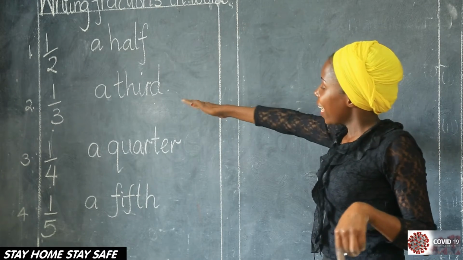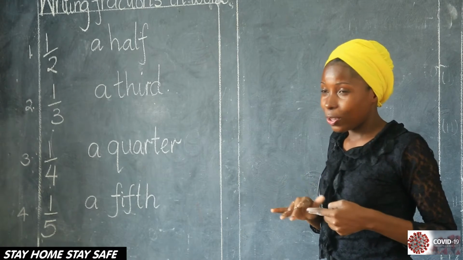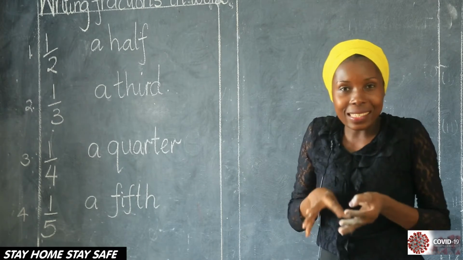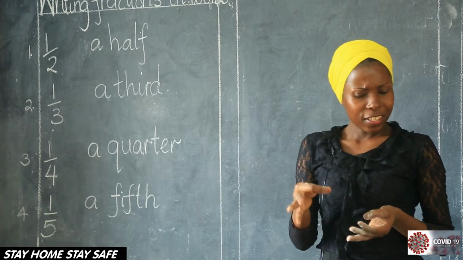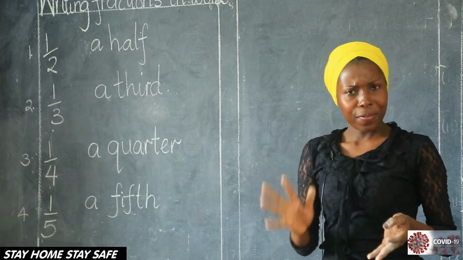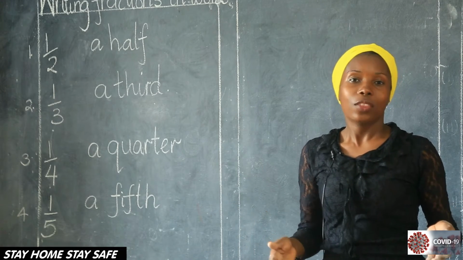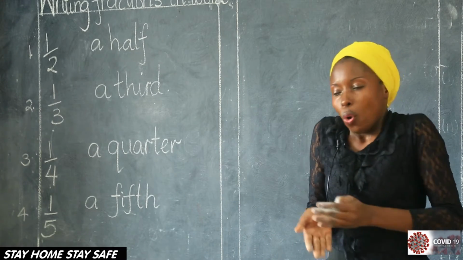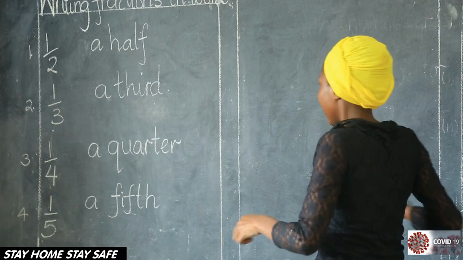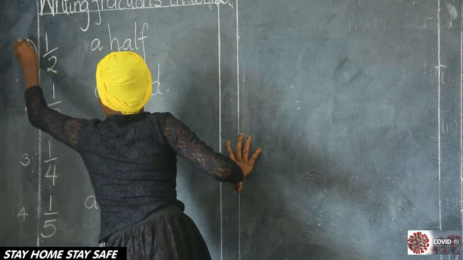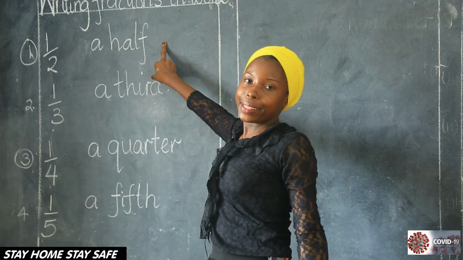And then the number down, we say the number down as its ordinal name. Remember ordinal names? Remember ordinals? First, second, third, fourth, fifth, sixth, seventh, eighth, ninth, 10th. Those are the ordinal numbers. So we say the number as its ordinal name apart from a half and a quarter, because we can't say a second.